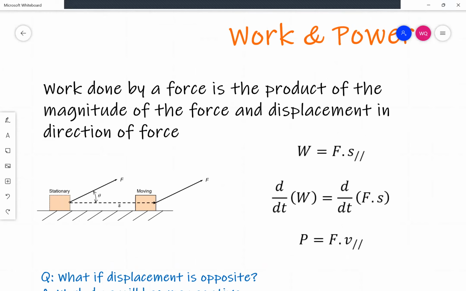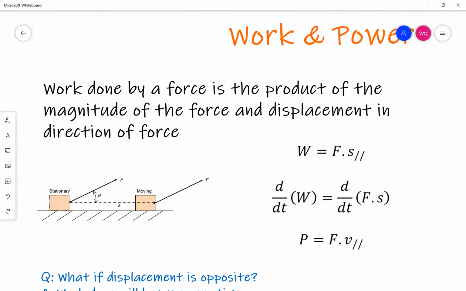And once we have this formulation, we can ask ourselves, what if we consider the time derivative of this formula? In other words, trying to find out what is the rate at which work is done. And that is nothing other than power.